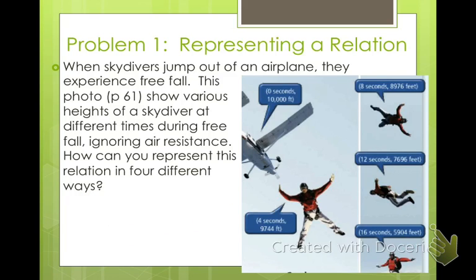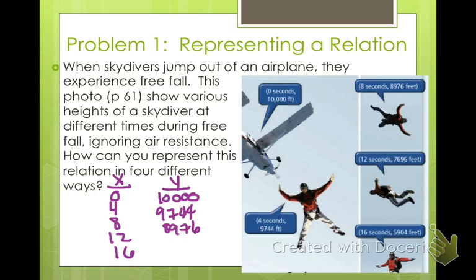Well, the second way was to relate inputs to outputs. So we have our inputs, x is 0, 4, 8, 12, 16, and our outputs are 10,000, 9,744, 8,976, 7,696, and 5,904.